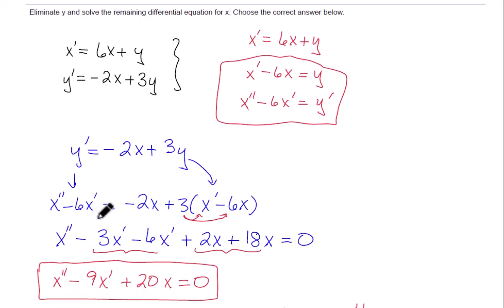So when you clean all this up, distribute here, move everything to one side, I've got minus 3x prime and a minus 6x prime, so a minus 9x prime. And I've got a 2 and an 18, which is 20. So, second order problem.